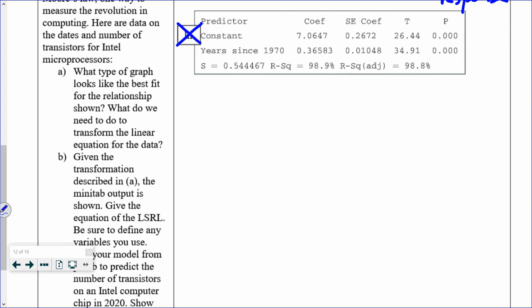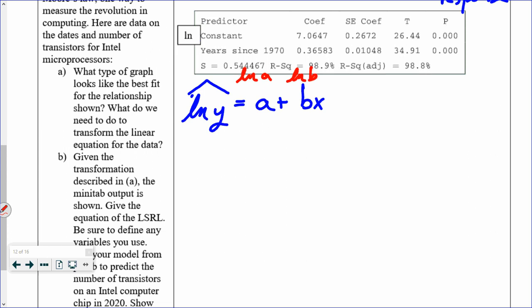What we're saying here, though, is that this is going to be predicted natural log of y equals a plus b to the x. The a and the b in here are going to be the ln a, ln b's that we were talking about. So that's where this ln comes from up here. But we're just going to write them in, fill them in as a and b.